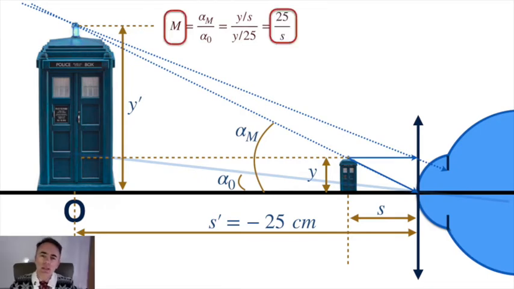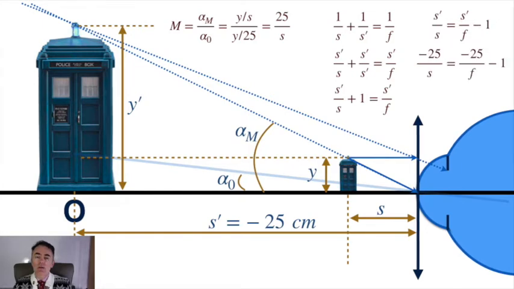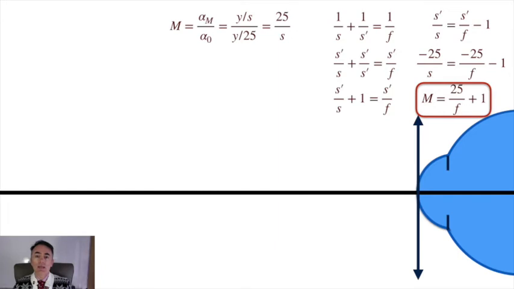If here we consider the lens equation, 1 over s plus 1 over s prime equal to 1 over f, if I multiply all by s prime, assuming s prime is negative 25 as it is a virtual image, then I get this as the magnification of a lens if we use 25 centimeters as the reference distance, and the distances are measured in centimeters.